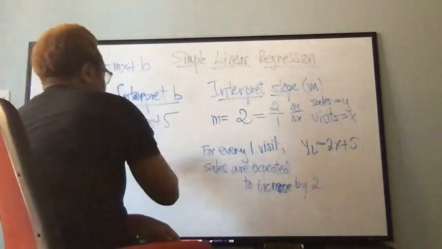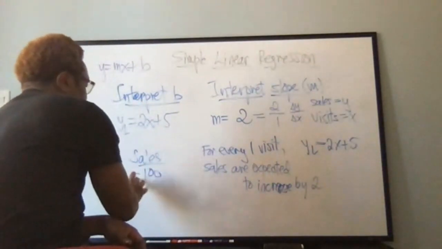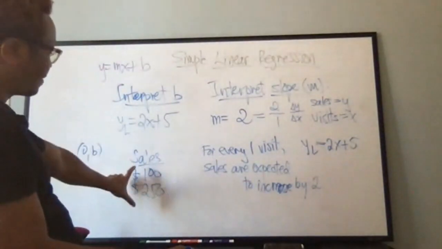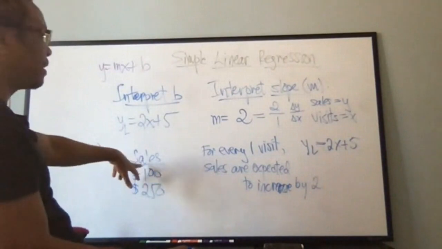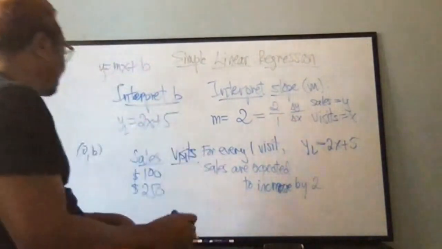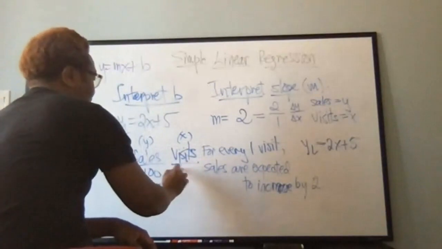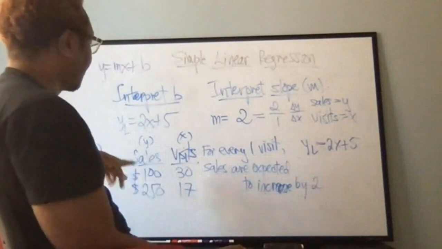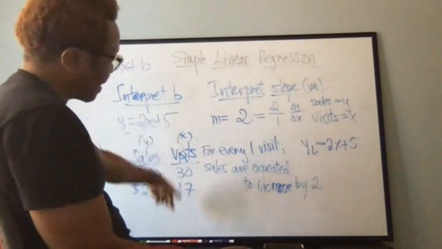I forget the data that I gave you before. I think it was sales like $100, $250, and so on. If 0 is not in this range, this was visits. This was x and this was y. So in order for me to interpret the y-intercept, I need to look at the x column and make sure 0 is in the range.